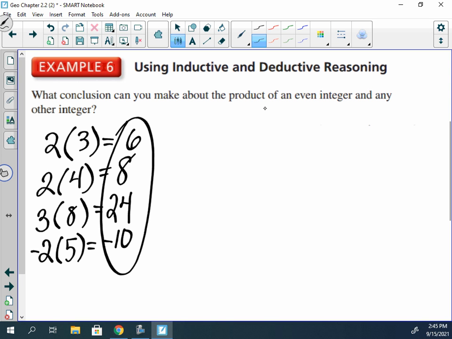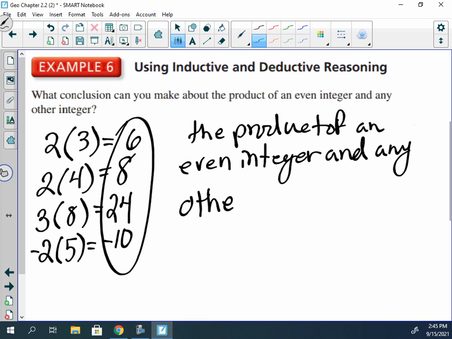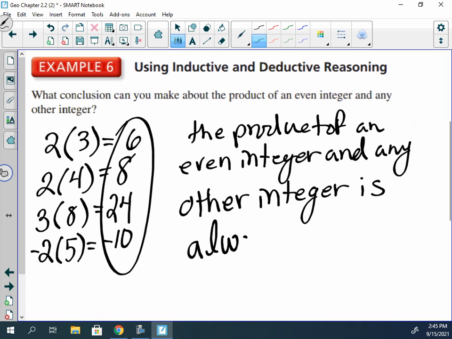They're all even, yes? Because the product of an even integer and any other integer is always even.